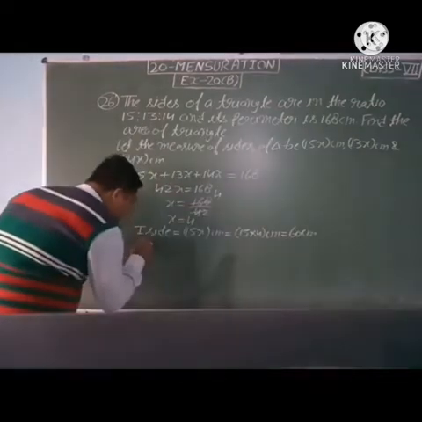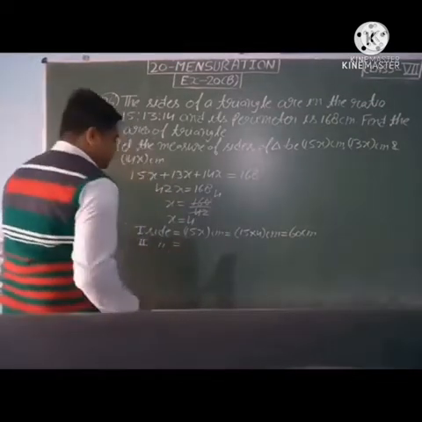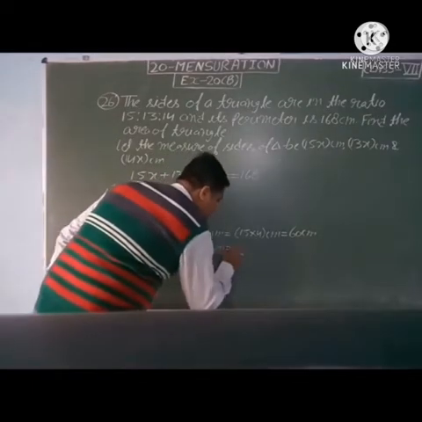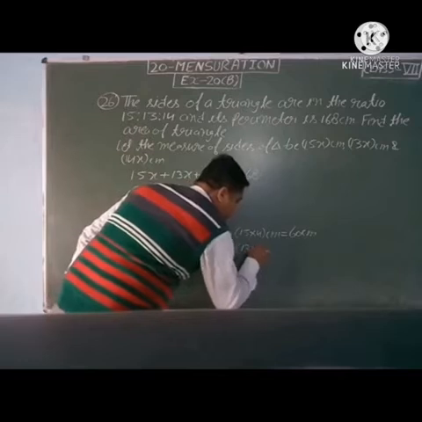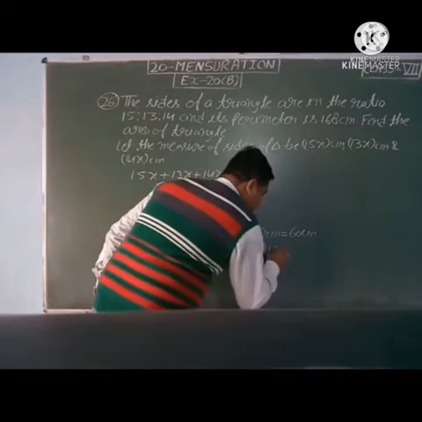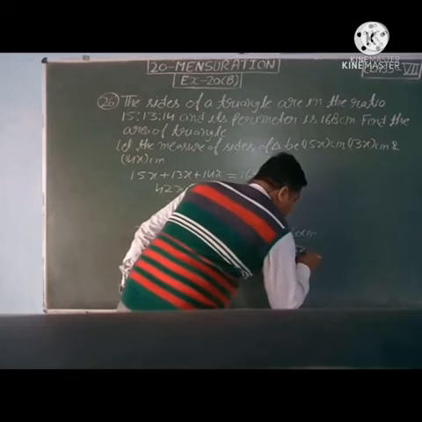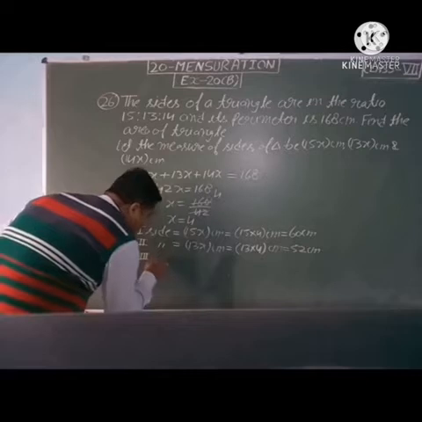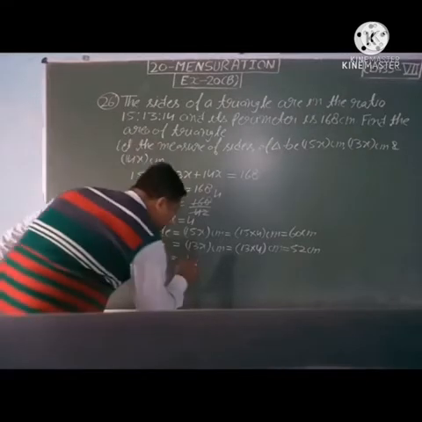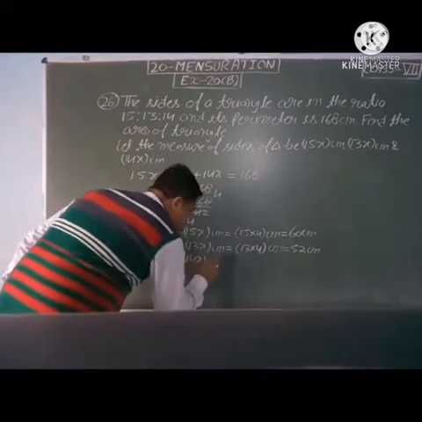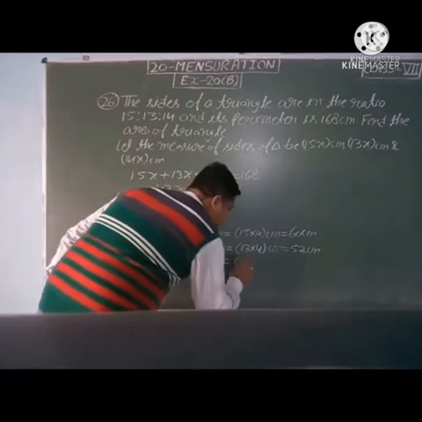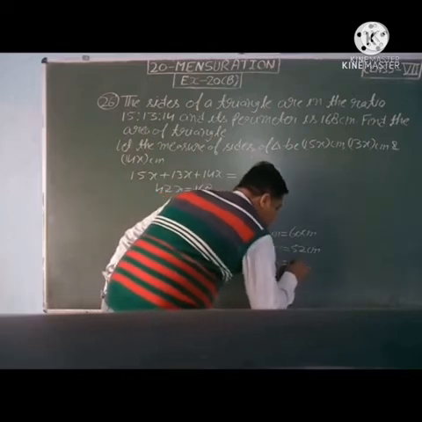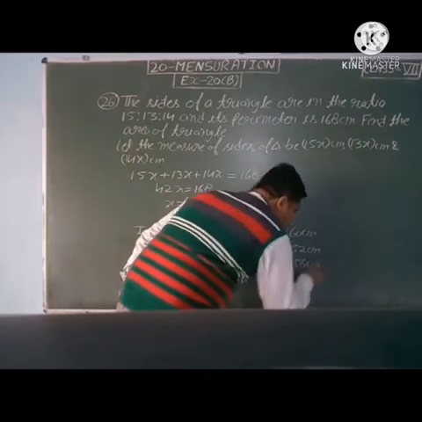Same, the second side is equal to 13x centimeter, which is 13 multiply 4 centimeter, equal to 52 centimeter. In the same way, the third side is equal to 40x centimeter, which is 40 multiply 4 centimeter, which means 160 centimeter.